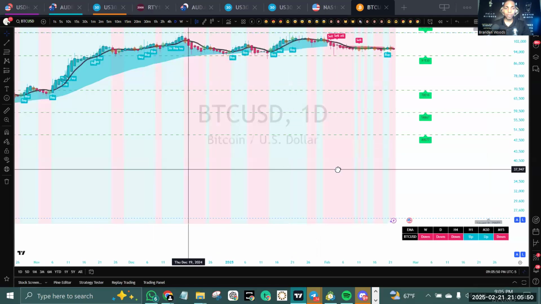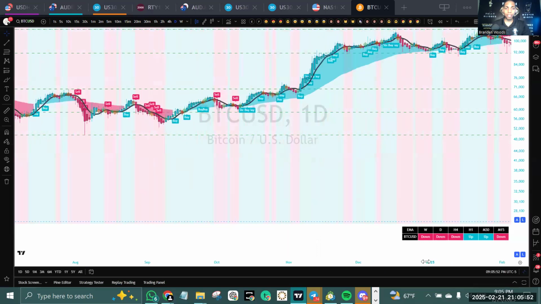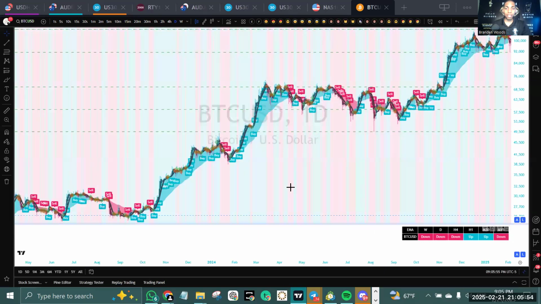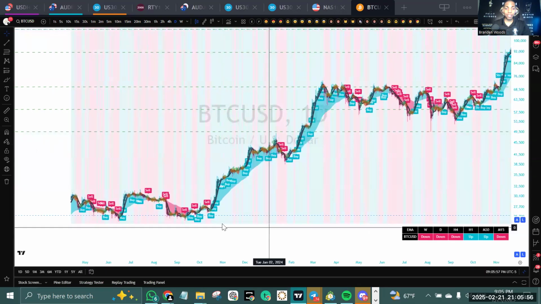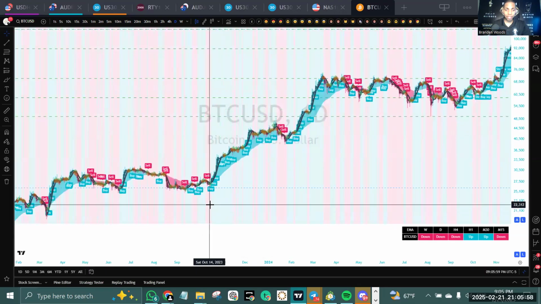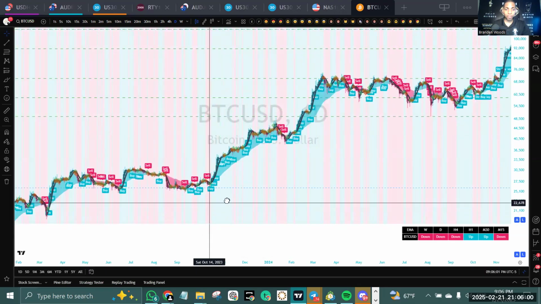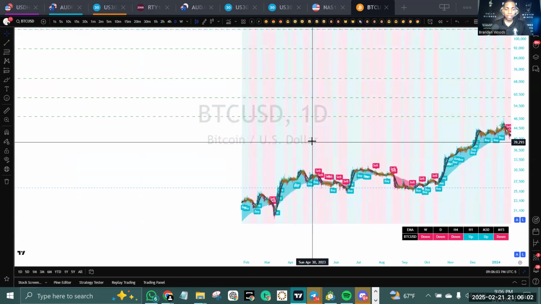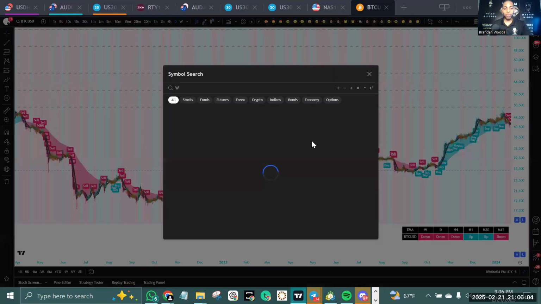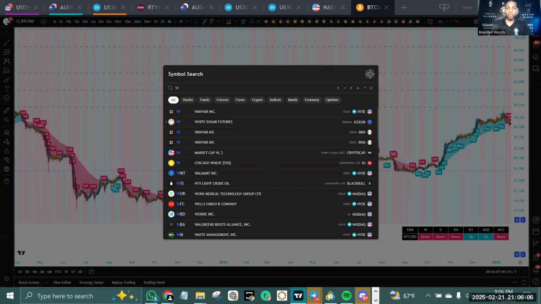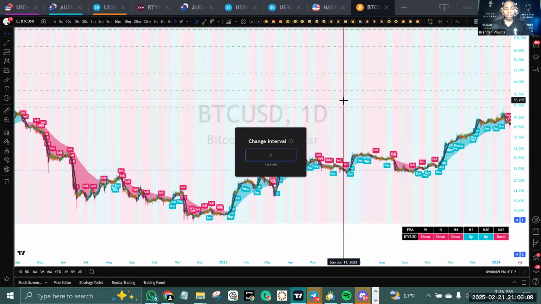Let's go with Bitcoin. What does it look like? There it is. Your takeoff. Where is this at? That's October 15th back here. If you want to look at it on the weekly, look at it on the weekly.